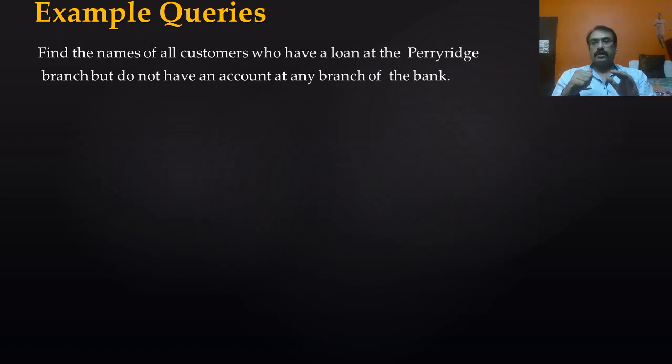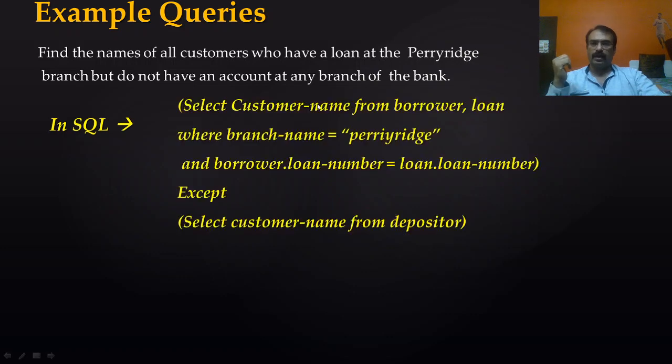Find the names of all customers who have a loan at Perrich branch, so we have a solution for that, but do not have an account at any branch of the bank. Means he should have a loan from Perrich branch, but he should not be a depositor in any bank. So it's a set difference operation, or except in SQL. How can we write it?